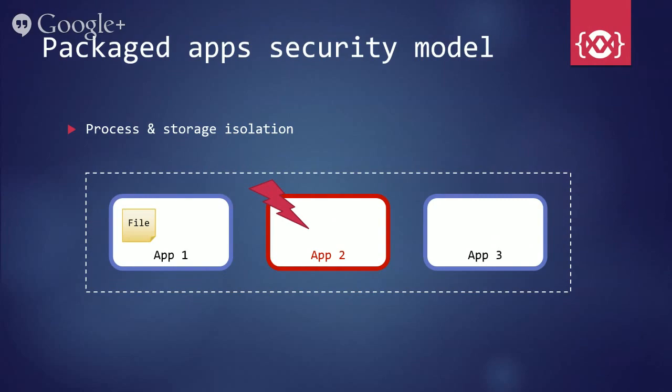Every packaged app runs in its own process, and it has its own isolated storage. Meaning, if you have 3 apps, and something goes wrong with app number 2, it doesn't break app 1 and app 3, because it runs in its own little sandbox environment.